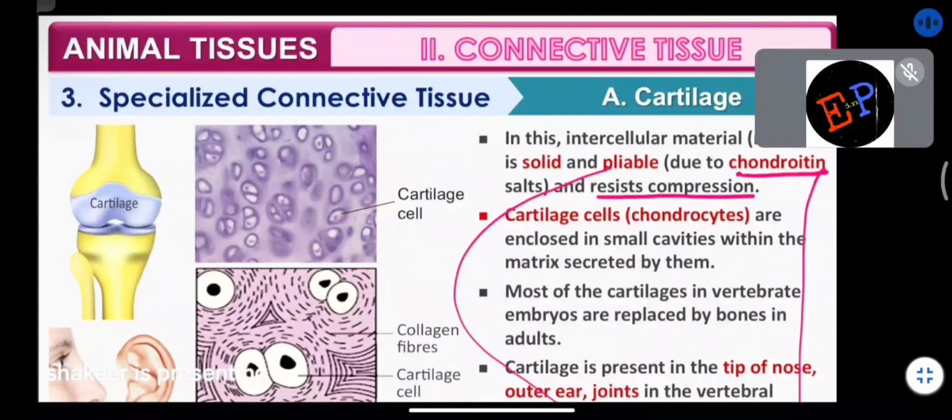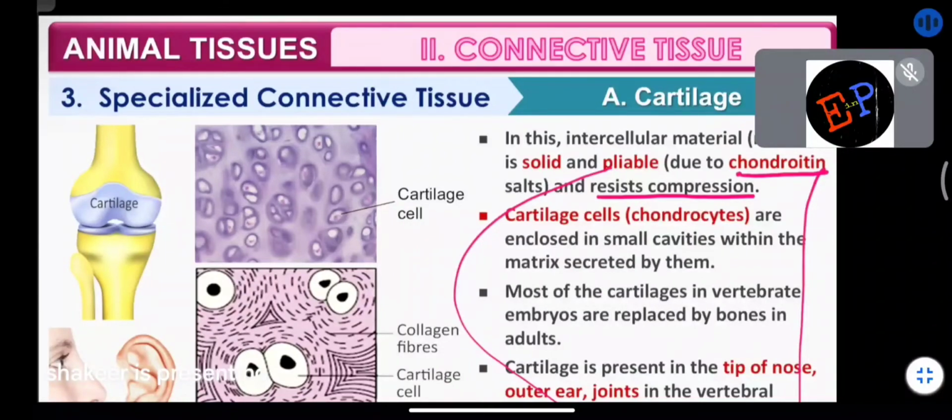So cartilage cells, chondrocytes, are enclosed in small cavities within the matrix secreted by them. Surrounding all the cartilage cells, you will find intercellular matrix. Most of the cartilage in vertebrate embryos is replaced by bones in the adults.